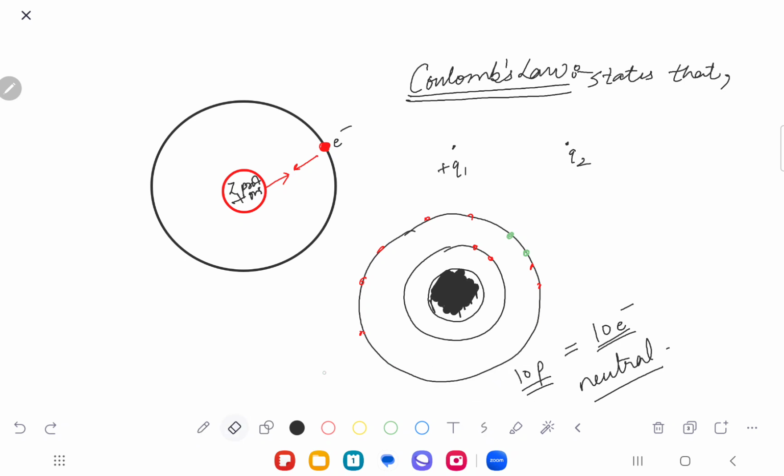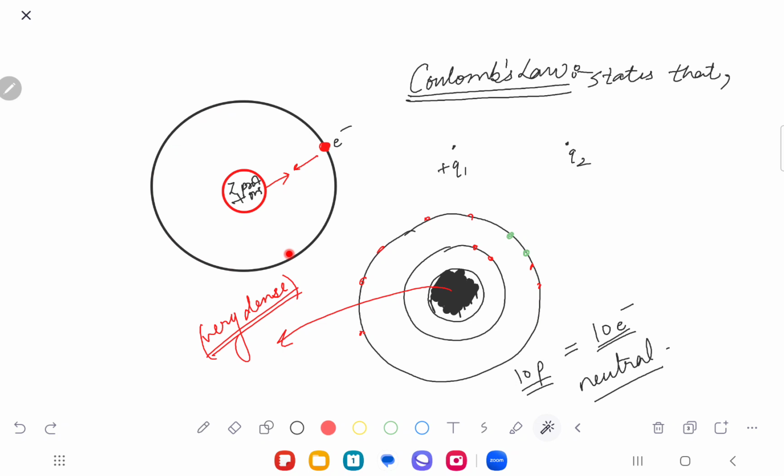I hope you're understanding. The nucleus is very dense. You understand my point? And because the nucleus is very dense, there are electrons as well, but these electrons which are in the outer shells are very, very scattered. So basically, the impact of the nucleus is more pronounced on the electrons, isn't it?